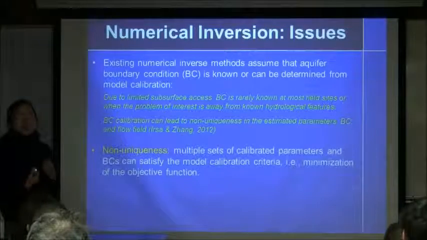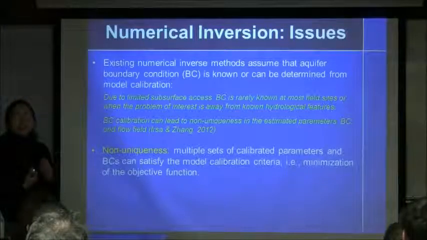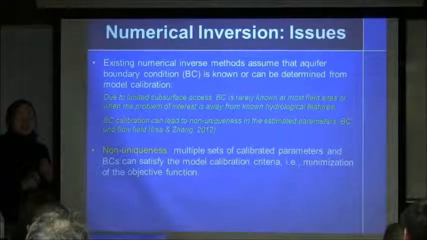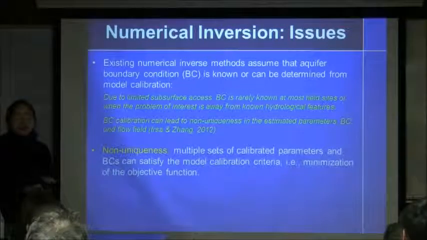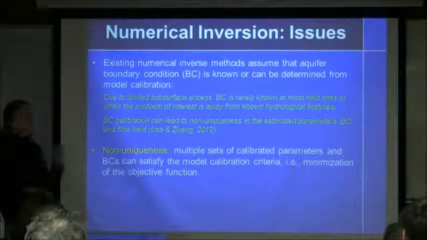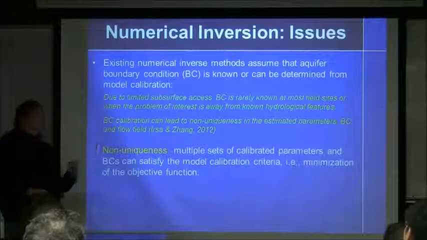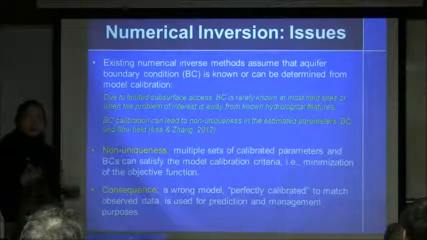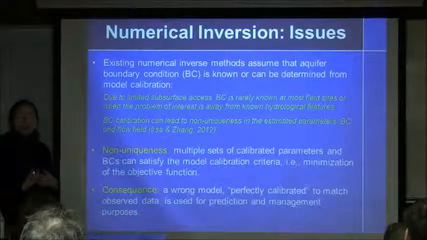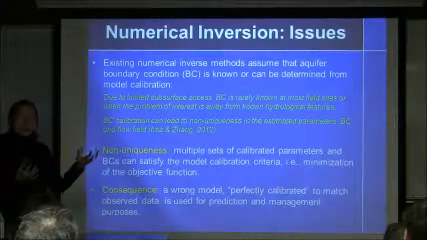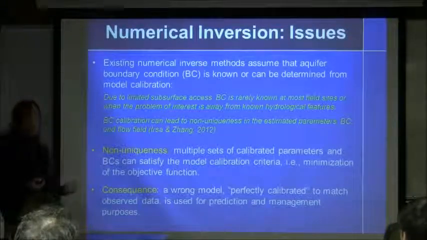Non-uniqueness means multiple sets of parameters and boundary conditions can together satisfy the model calibration criteria of minimizing the mismatch, the objective function, between model simulation and the observed field data. As a consequence, many numerically calibrated models are non-unique, which means another set of parameters and boundary conditions can equally calibrate to the observed field data.